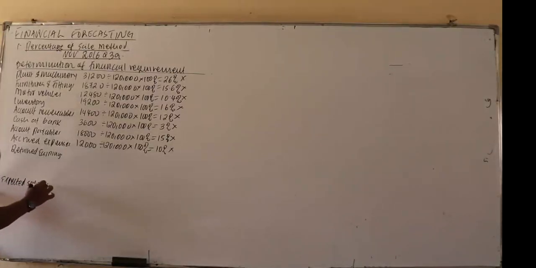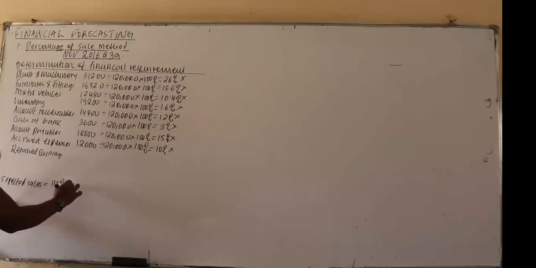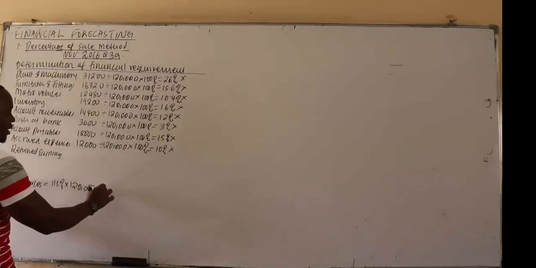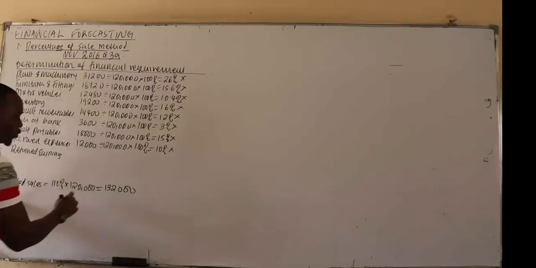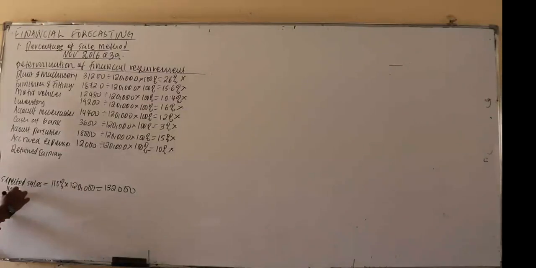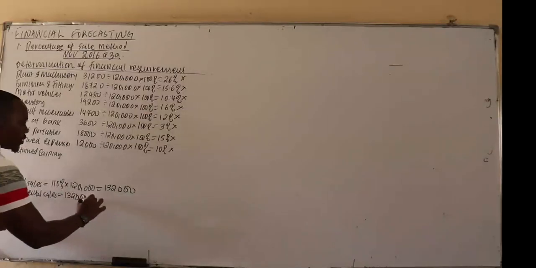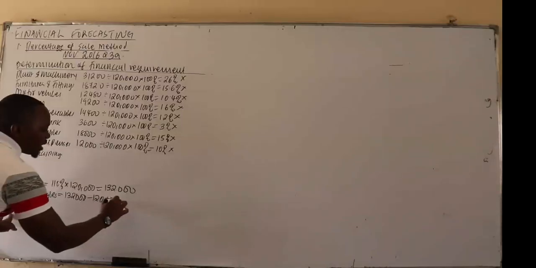You take 10% of 120 and add it to 120, that is 132. So our incremental sales will be 132 minus 120, which is an amount of 12.